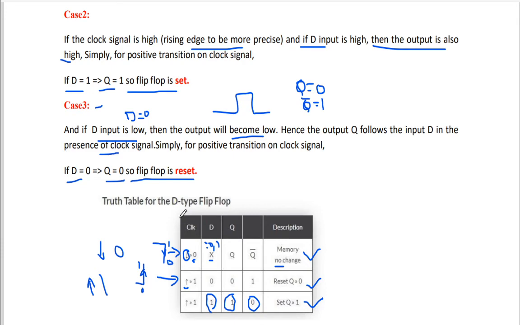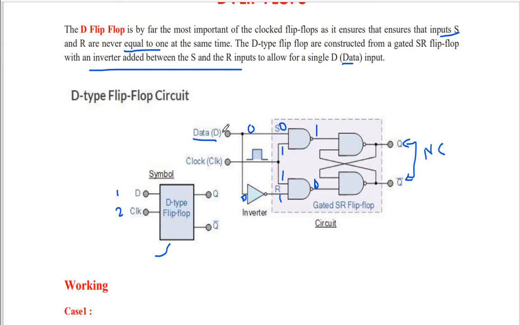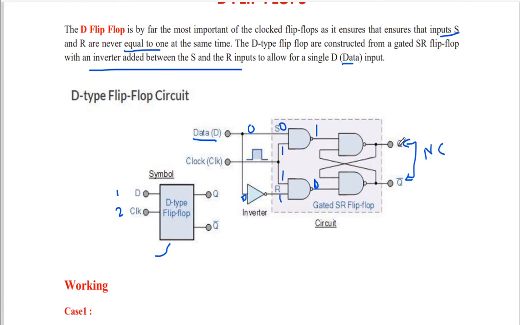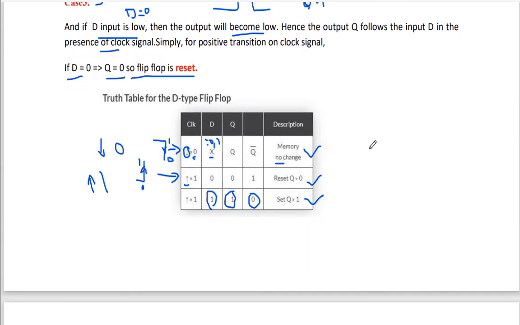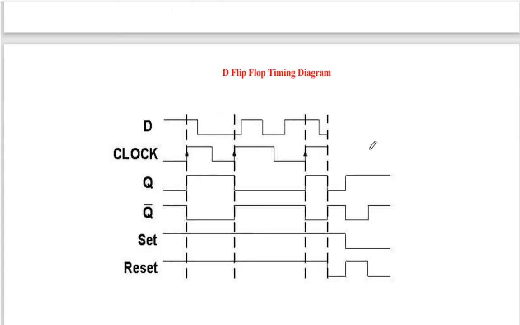Because here you can see, as discussed in the previous class also, the output follows the input. If D is equal to 0, Q is also 0. If D is equal to 1, Q is also 1. And because of that, we call the D flip flop a data flip flop. So here we have the timing diagram for the D flip flop.